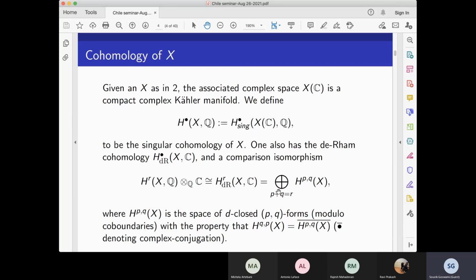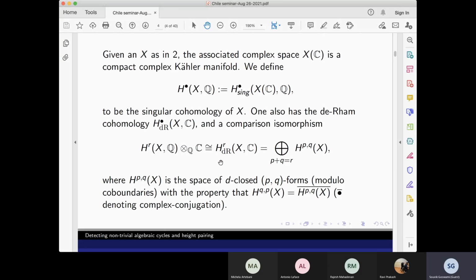Now, given any Kähler manifold, this is where the Kähler condition comes into the picture, you can decompose the cohomology groups of the manifold into (p,q) forms. These consist of the space of d-closed (p,q) forms, modulo coboundaries, with the following property: it's over C, so if you complex conjugate the (p,q) forms, you get (q,p) forms.